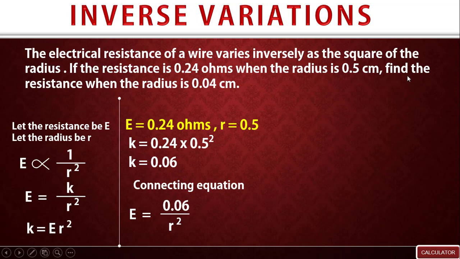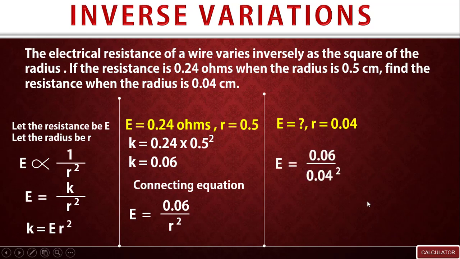We are asked to find the resistance when the radius is 0.04 centimeter. So we are given the radius and we are asked to determine the electrical resistance. We just fix the value of R into this connecting equation, and then we have E equals 0.06 divided by 0.04 squared.